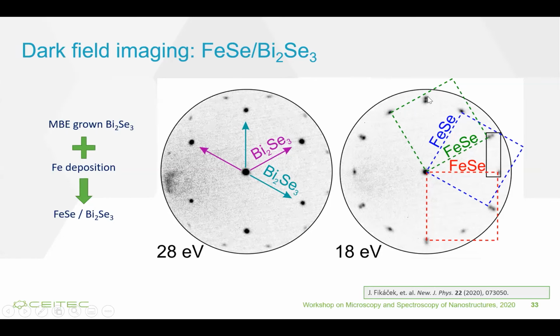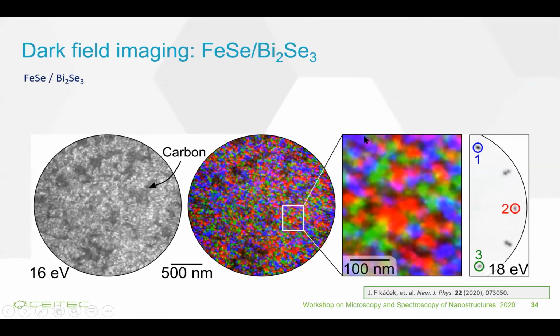So here we still see the substrate spots, which are now here, those, and then the overlayer spots, which is for the iron selenide. So iron selenide has 3 equivalent domains, which are square domains on hexagonal substrate. And then if we identify the spots here, we can proceed to the dark field imaging.